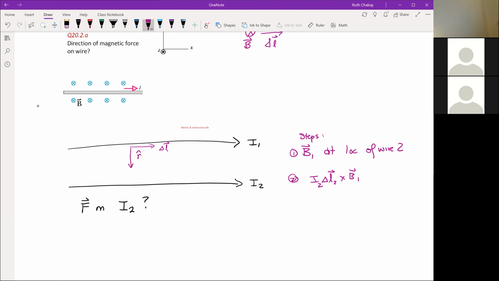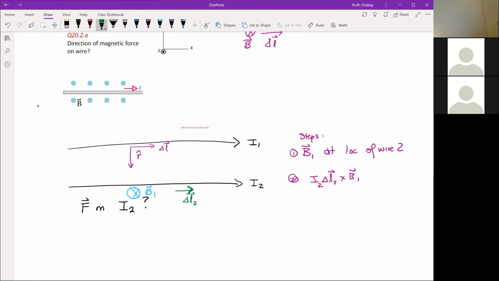So delta L cross R hat is into the page, which means that the magnetic field down here produced by the top wire is into the page. And therefore, we've done step 1, now step 2, we have delta L2 here, conventional current in this direction.